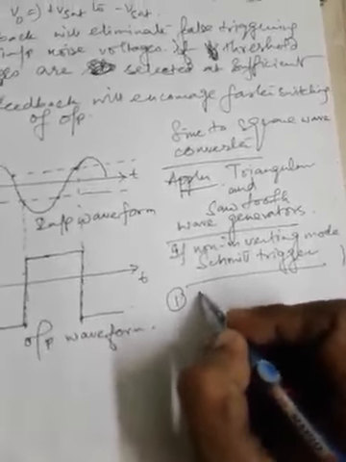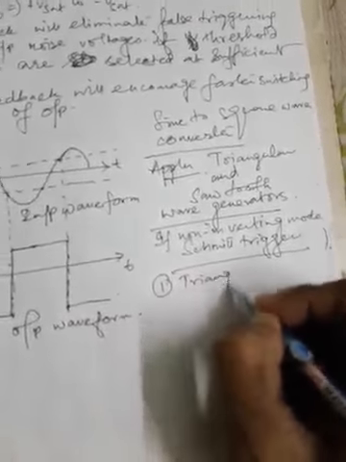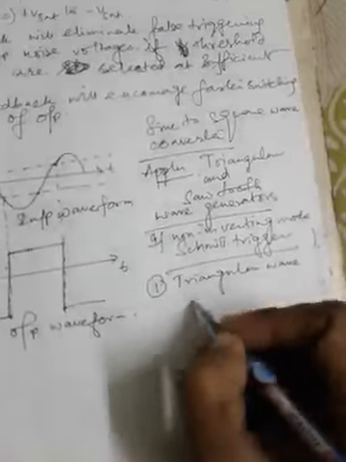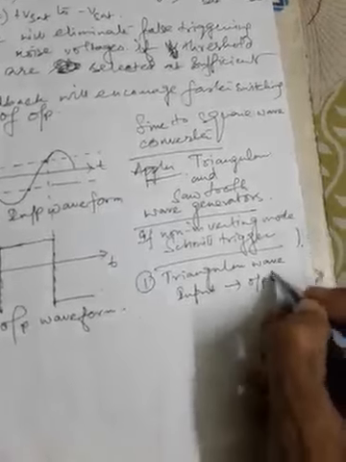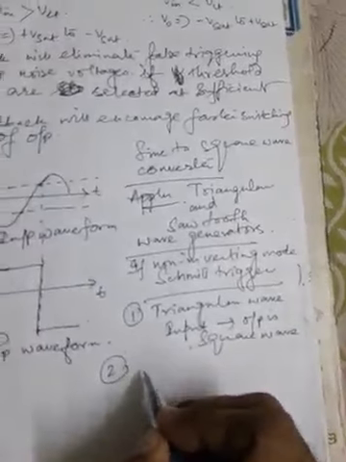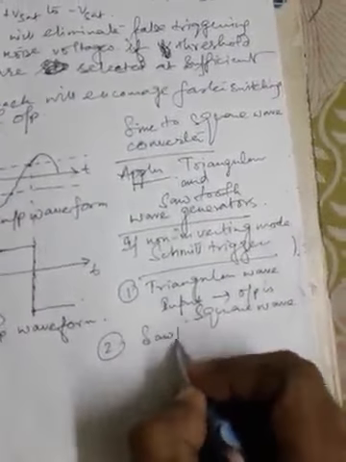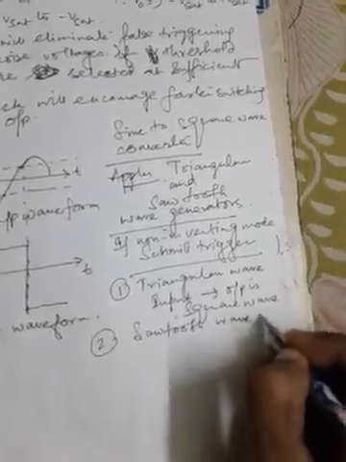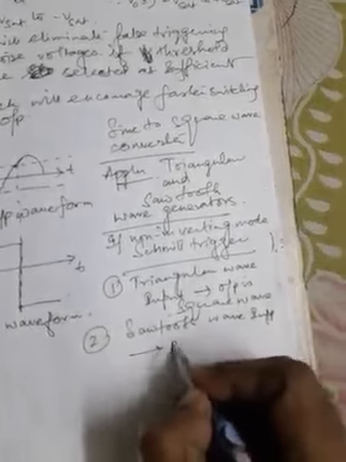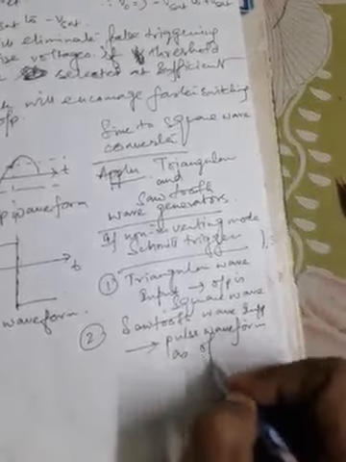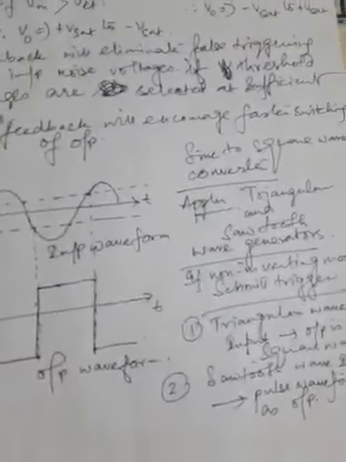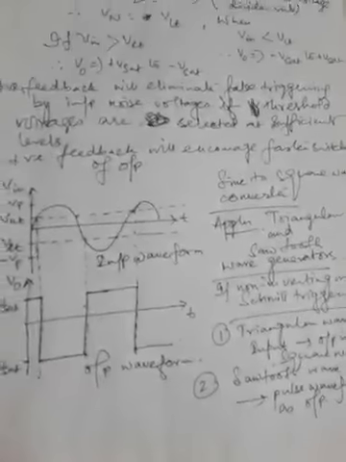Number one, for triangular wave input, the output is a square wave, and for sawtooth wave input, we may get a pulse waveform as output. Okay, so this is all about the discussion on Schmitt trigger.